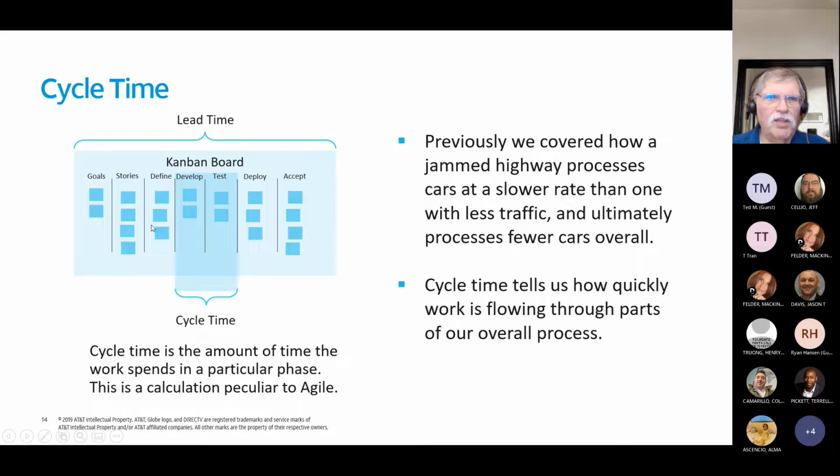You can also determine the cycle time for development alone if you're keeping the right metrics. You can have a cycle time that goes from the production of stories until deployment, if that makes sense in your process. Cycle time is just the amount of time that work spends in a particular lane or number of lanes.